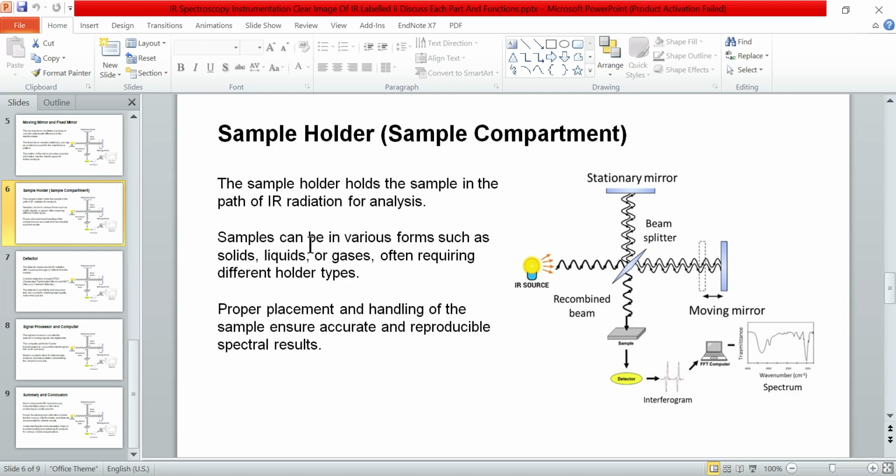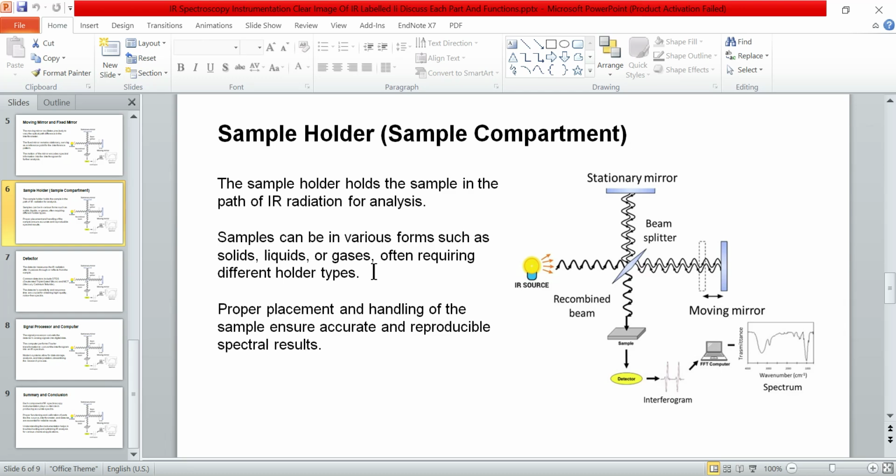The sample can be in various forms such as solid, liquid, or gas, often requiring different holder types. We have different holder types in which we can hold our sample.